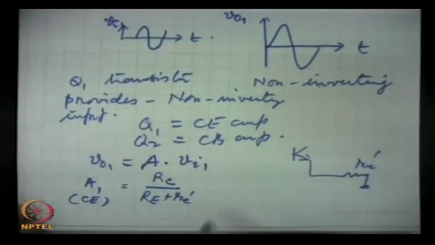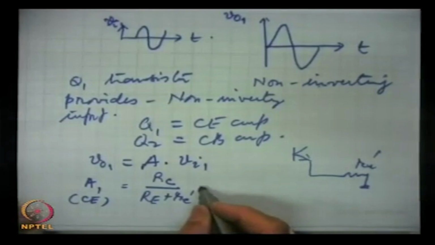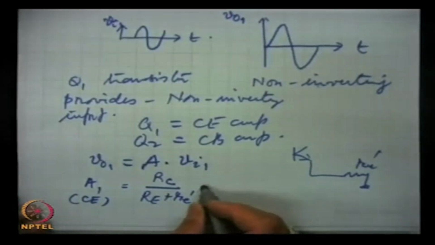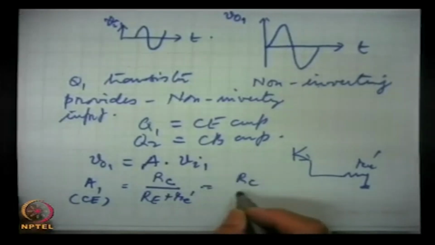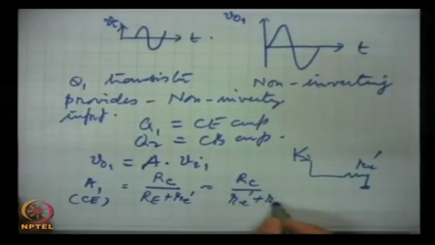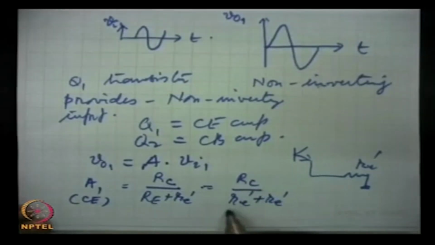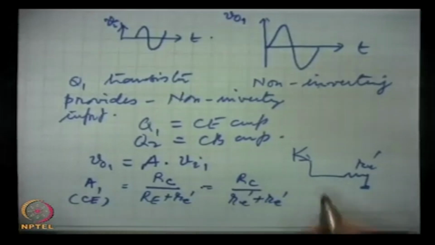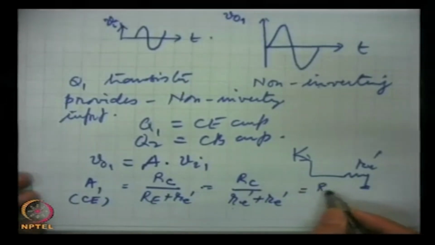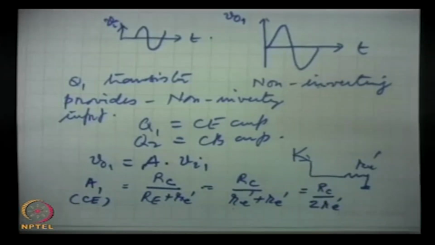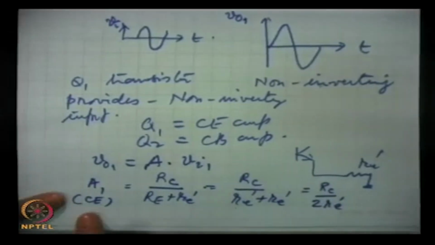So, A1 is equal to RC by Re prime plus Re prime. One is from Q1, the other is from Q2, and hence this is equal to RC by 2 Re prime, and this is because of the CE stage.